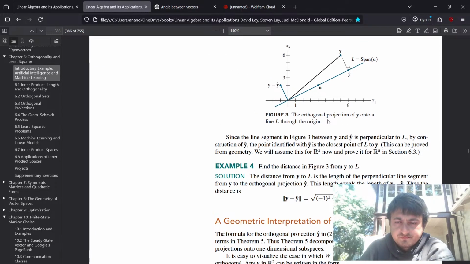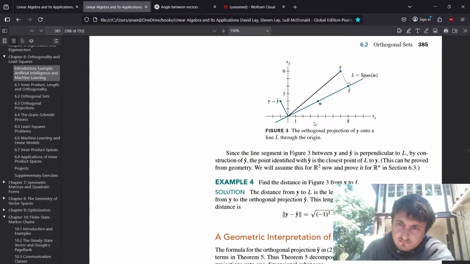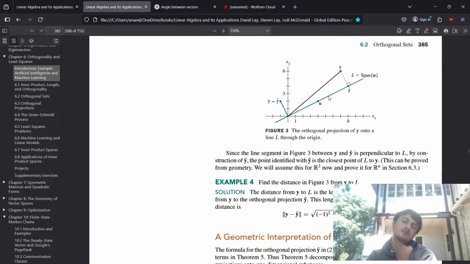Okay, cool. Oh, because you can't actually project onto just the vector; you actually have to project onto the span.